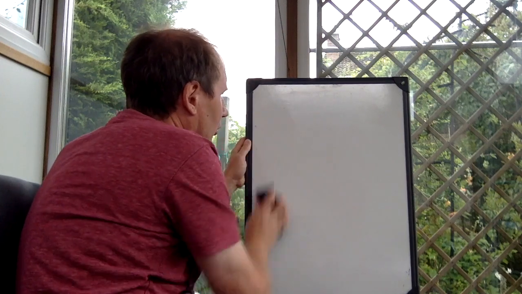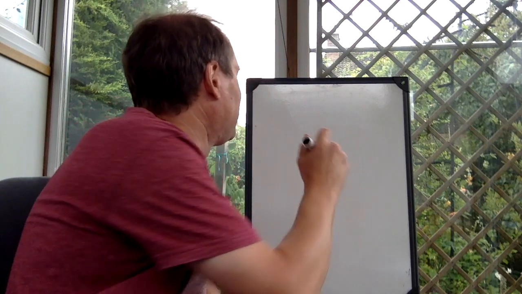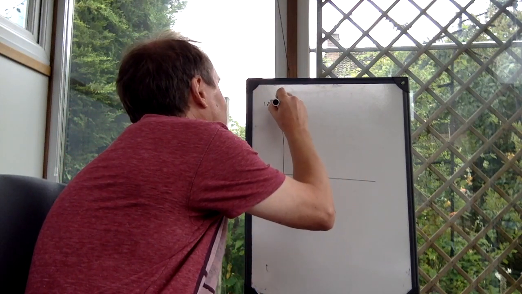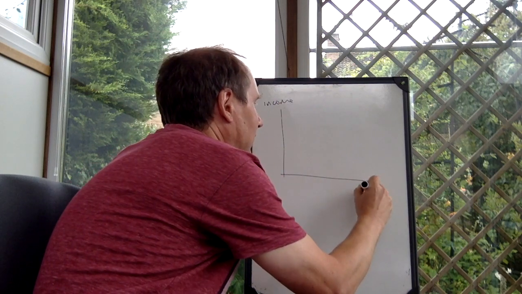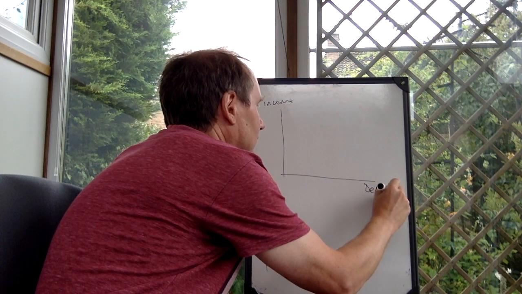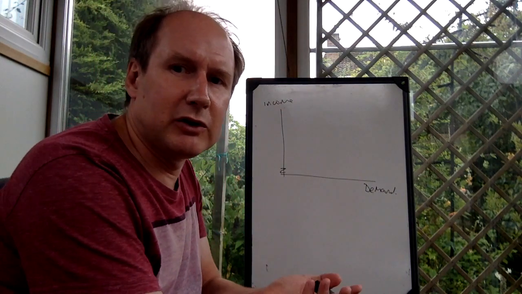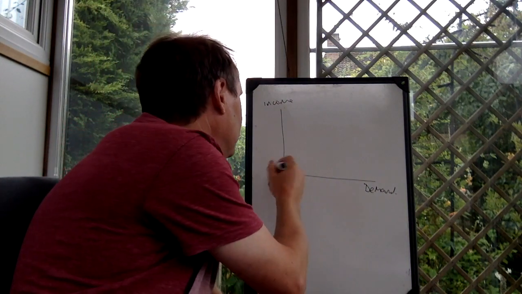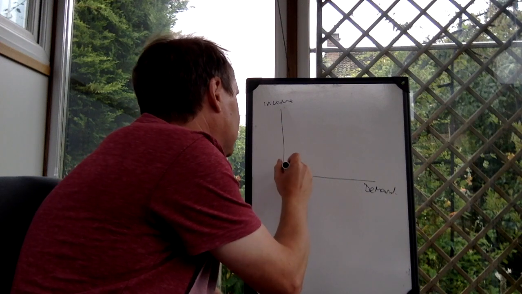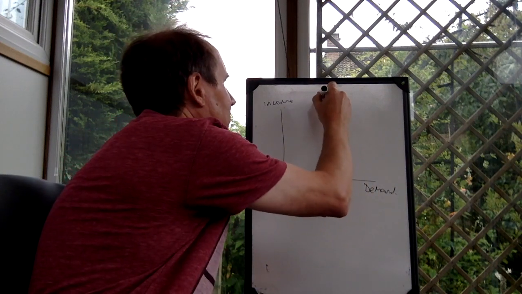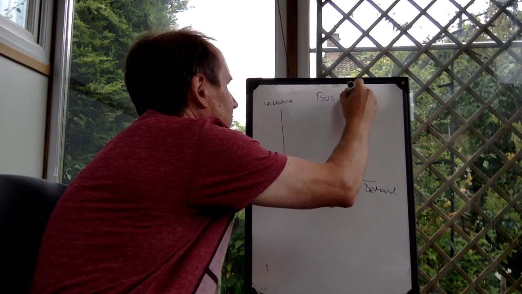So we can show this all on a graph, of course. Let's imagine that that's income up there, and that's demand down there. We won't start at 0. We'll assume that income has reached a certain level, and you're not buying anything at this point. Let's suppose this is bus travel.